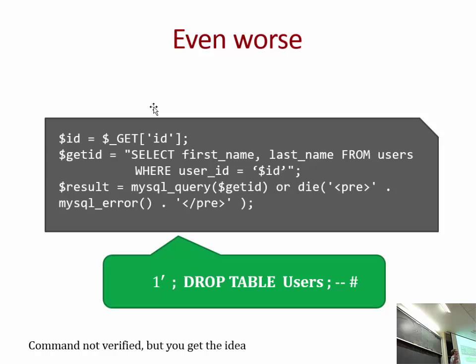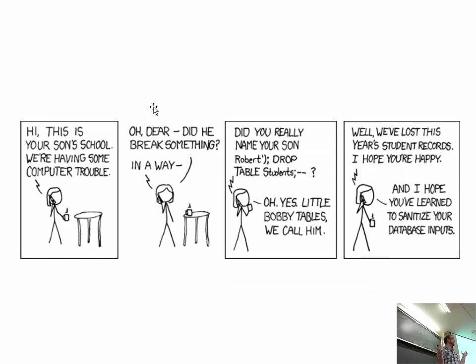Which actually brings us to this nice XKCD comment, right? Have you seen this? About Bobby Tables. Can you ask, that was your name? Would be funny, huh? A bit version specific, but yeah.